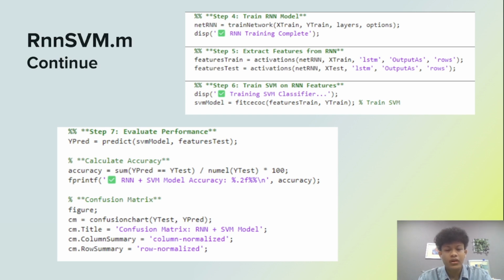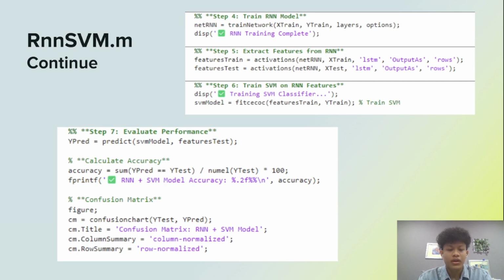So let's go to step number 7, which is to evaluate performance. First of all, we make a prediction using the code Y pred equals predict SVM model, features test. Here, we use the trained SVM model to classify the test data.